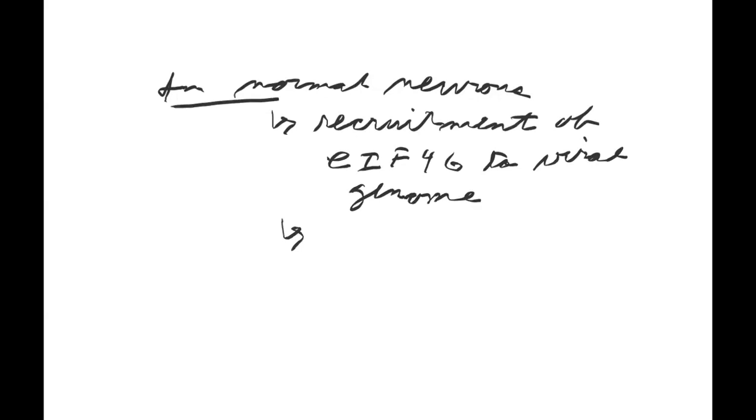In normal neurons, there's this EIF4G viral recruitment, and this is the reason why polio can affect normal neurons, the wild type.